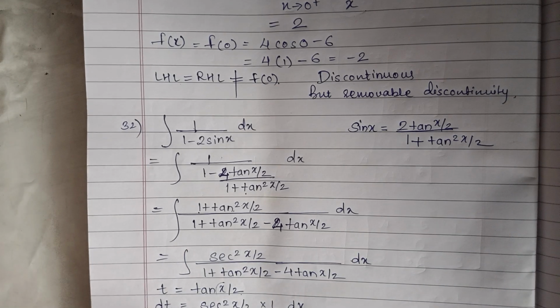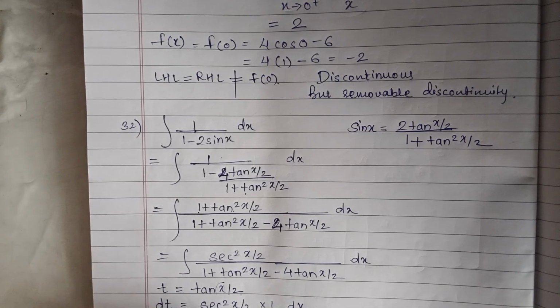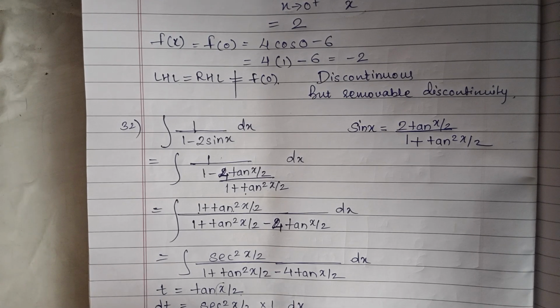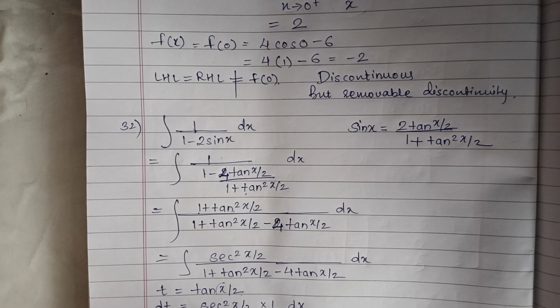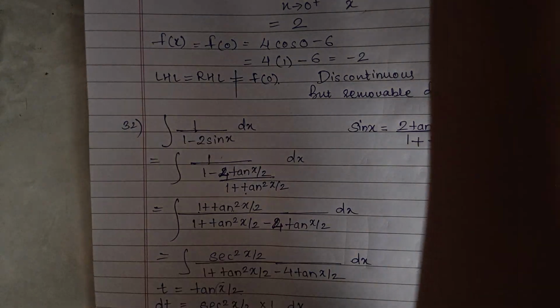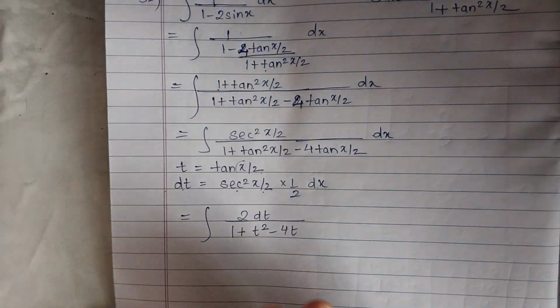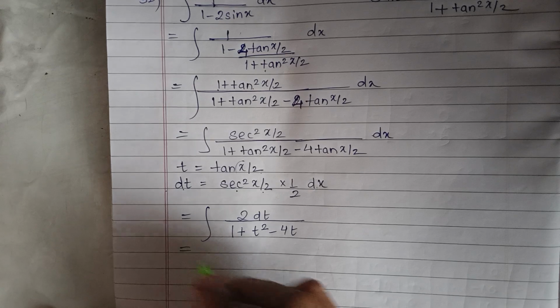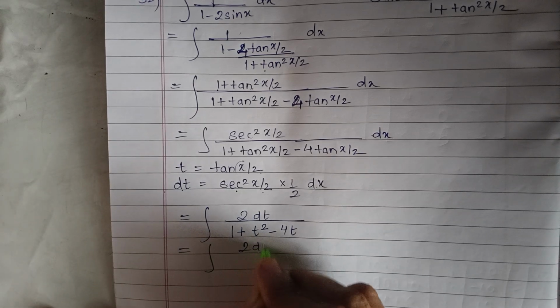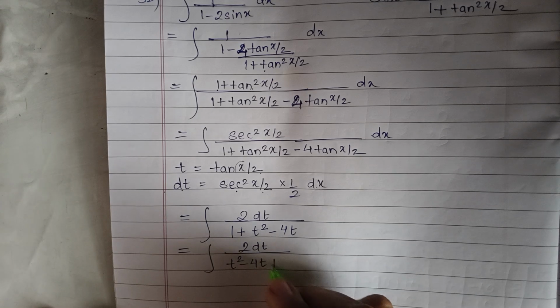So sec square x by 2 dx we can write as 2 dt, upon 1 plus t square minus 4t. Now we have to change this, so I can write this as 2 dt upon t square minus 4t plus 1.